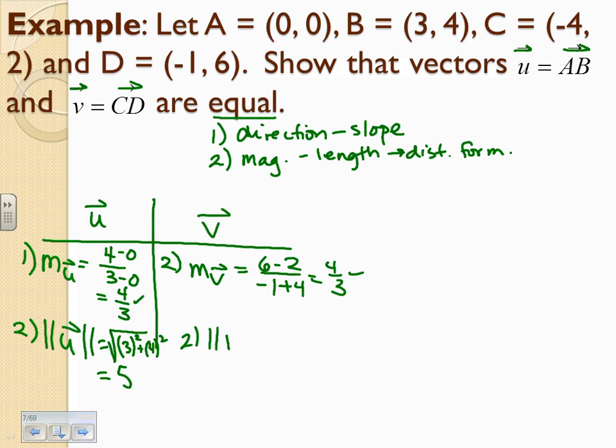And the magnitude for v, we've already done the change, right? So if you want to do it again, you can. Which equals 5. Check. Check. So are these equivalent? Yes. Okay.